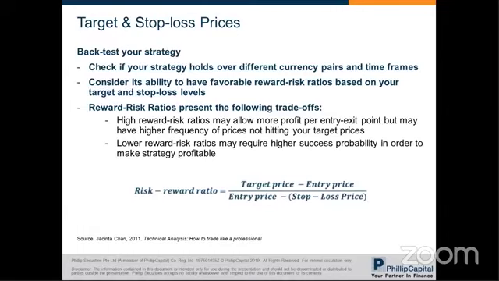Because if your stop loss is at a relatively wider range compared to your target price, relative to your entry price itself, then your losses will cover more of your profits when that happens. So that's why you require a higher probability of success for such a strategy.